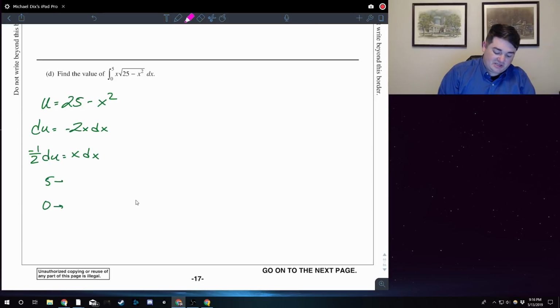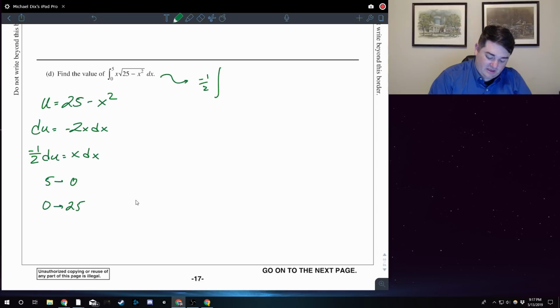How do I change these? I'm plugging 0 and 5 into this formula right here. So 25 minus 0 squared is 25. 25 minus 5 squared is 0. So my brand new problem is negative 1/2 integral from 25 to 0 of the square root of u du.